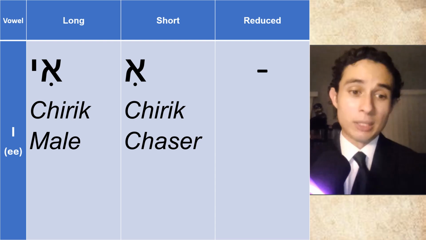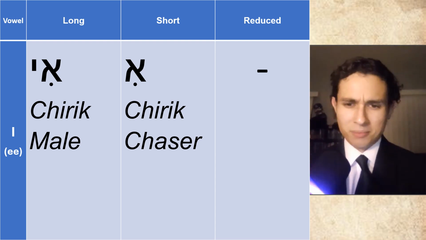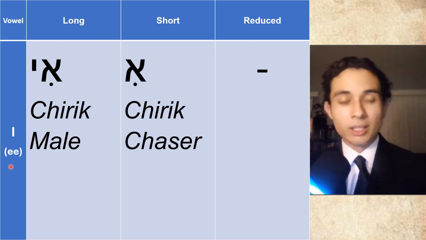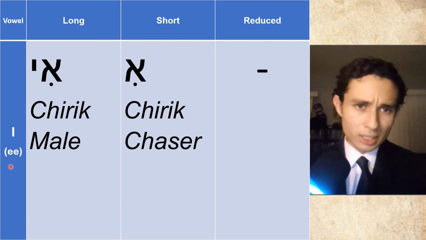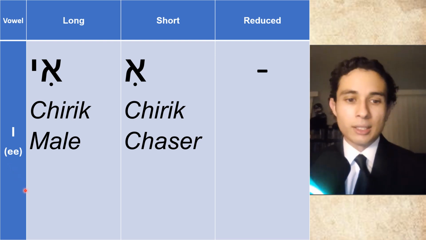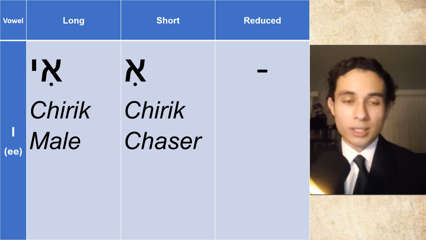And the next vowel sound is E. Now you might be saying, what do you mean we just did E? No. That last one was E. This one, we're going to use the letter I, and I put in parentheses E sound. It's always going to be an E sound. And this one only has 2 nikudot, 2 dotting marks. English speakers might find this a bit confusing because the letter I is used to represent the sound E, and that's why for our purposes I've included that double EE sound.